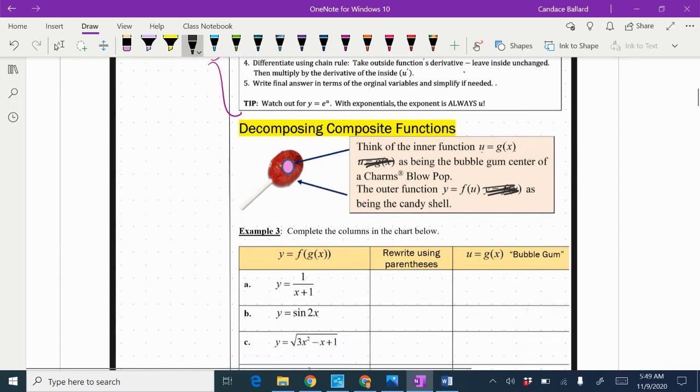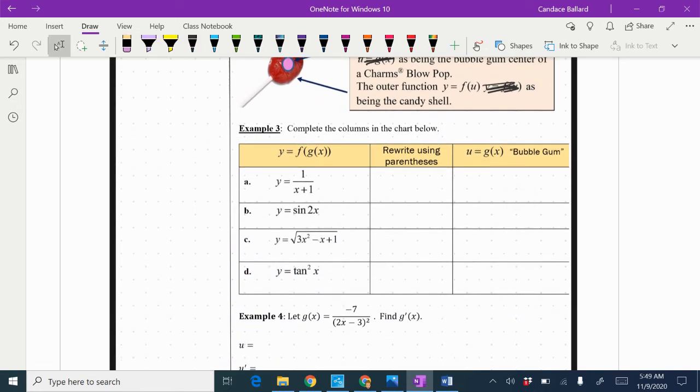In this part, we're going to look at rewriting these functions using parentheses, and then identifying what is the bubblegum and what is the candy shell. I have a typo here.